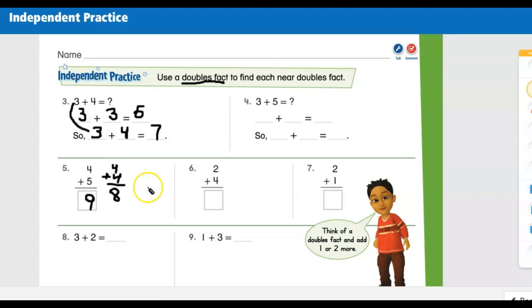So just like we did for number 5, I took 4 plus 4 was equal to 8, but I know that I was supposed to be solving for 4 plus 5. 5 is 1 more than 4, so I just added that 1 to my doubles answer, and it gave me 9. So that is how you will solve number 6 and number 7.